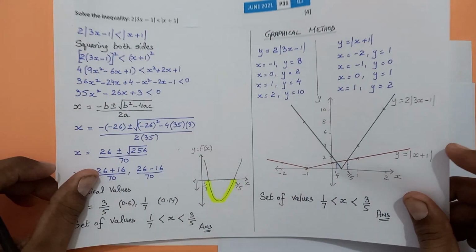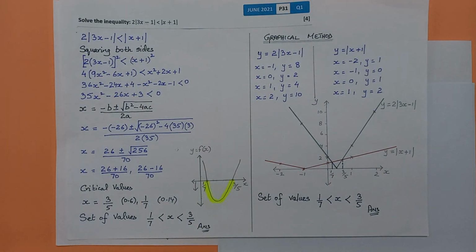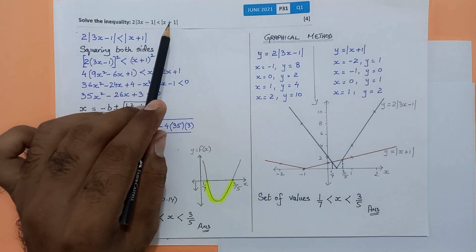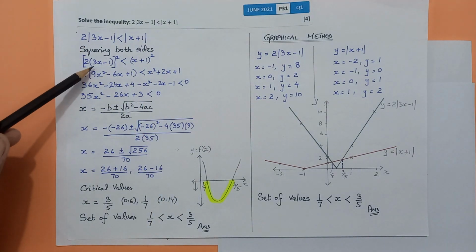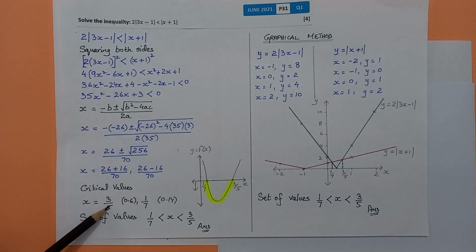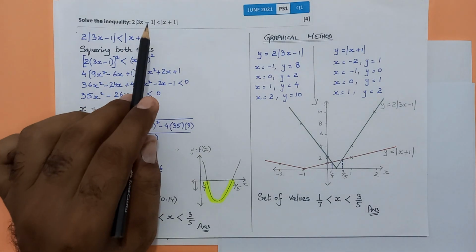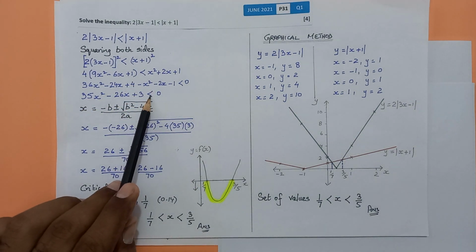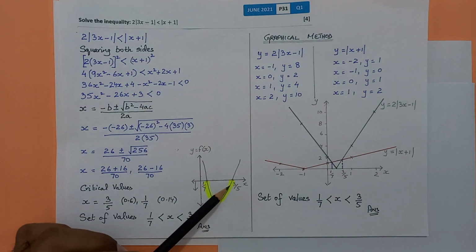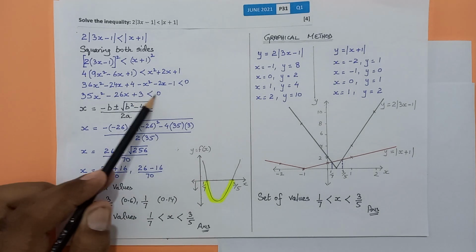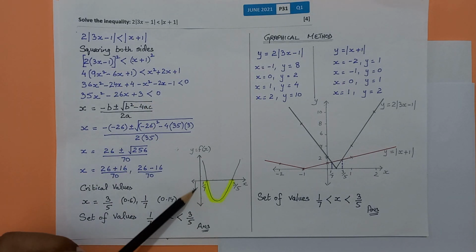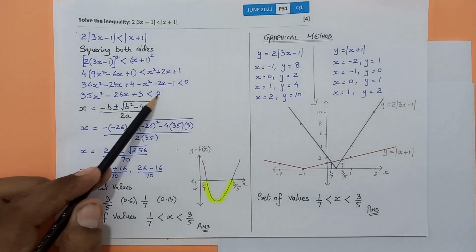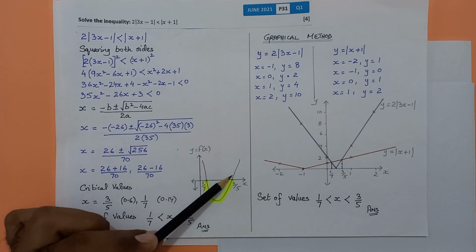If we had the modulus on both sides, then after using the same process, getting the two critical values, by looking at this inequality sign which was less than 0, we would decide whether the values are this one or the values are this one. Less than 0 means negative, definitely negative means the values below the x-axis, and if it is greater than 0, positive, definitely the values which are above.